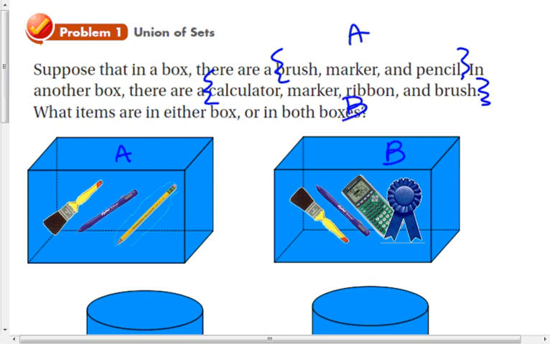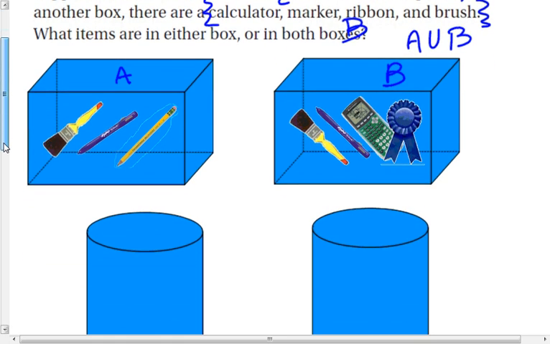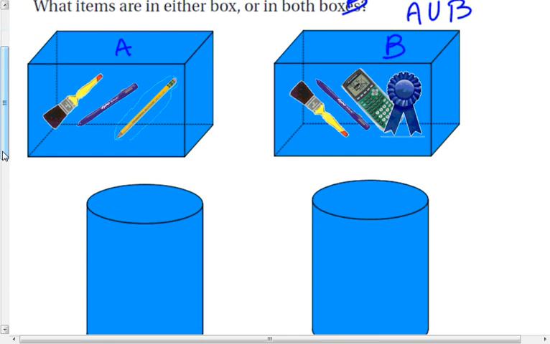And the thing I'd like to point out is that if it's in either box, then that's a union. So A union B, something that's in either box, and I'll put that down here. A union B, and the U symbol stands for union.